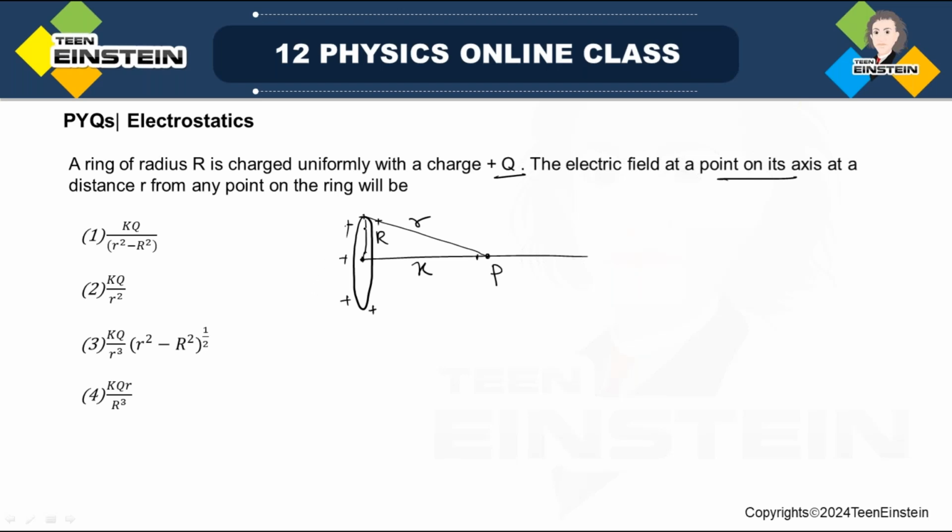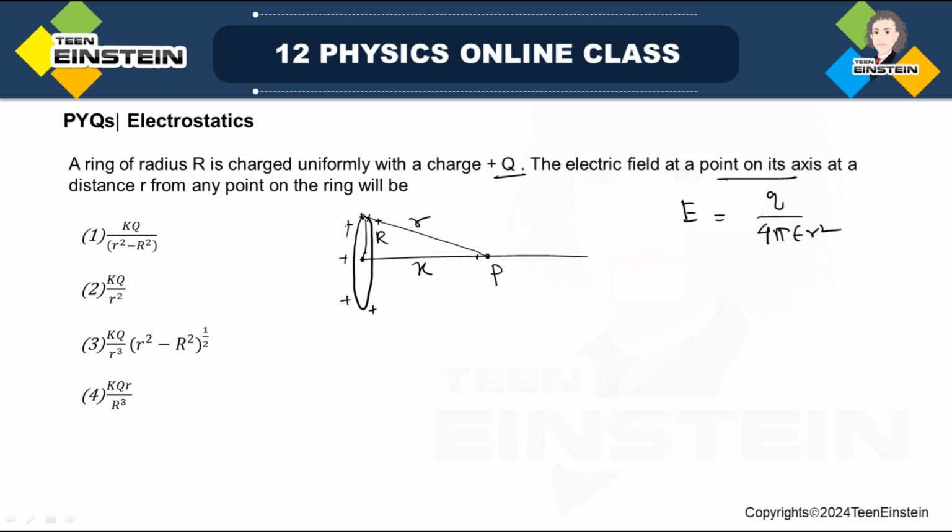Here we know that electric field intensity is given by Q by 4 pi epsilon naught r square. But this is a linear charge, like this is a ring, so it has linear charge density. The total charge is Q. I have to actually consider segment by segment.